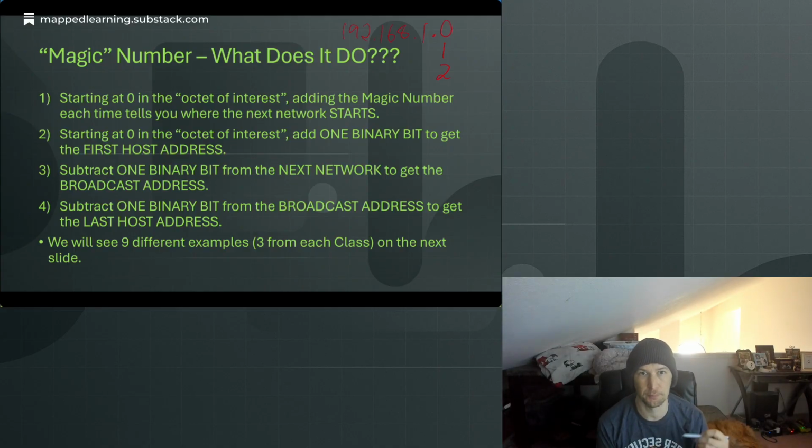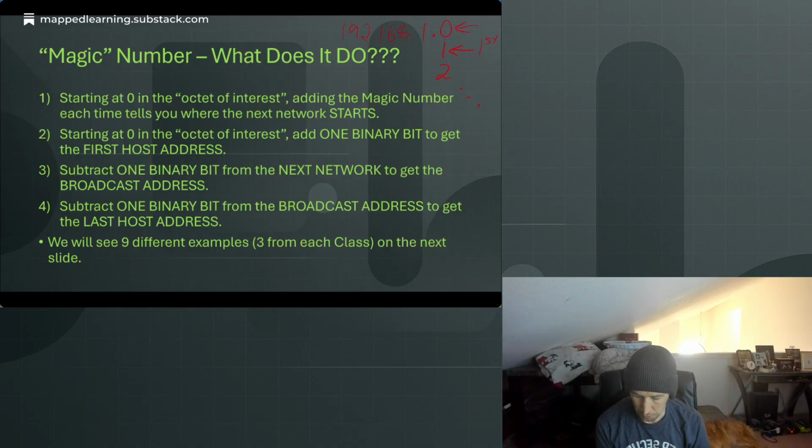And so on and so forth. 3, 4, 5, all the way up to 255. Okay. So these are all host addresses. Remember, this is the network ID. This is the first host address. And it just keeps going, keeps going, keeps going.